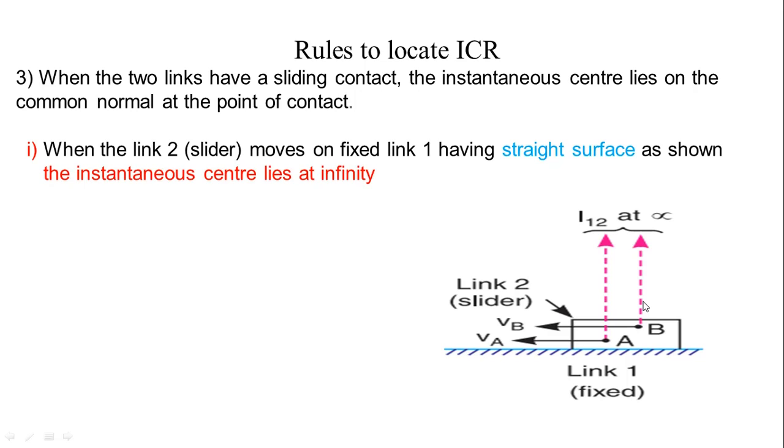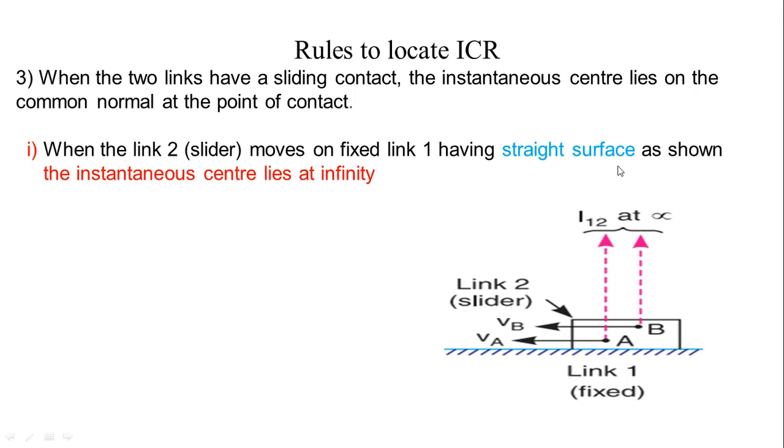It means that the ICR, the instantaneous center of rotation, will lie at infinity, because these two lines are never going to intersect. So that's why the ICR lies at infinity when the slider is moving on a straight surface.